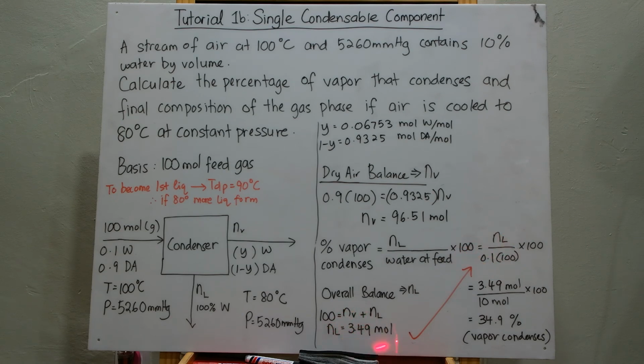You take this NL value, divide by the water vapor inlet from just now, and using this formula you obtain the percentage of vapor that condenses as 34.9%. It says that of the water vapor that goes in, 34.9% has become liquid.